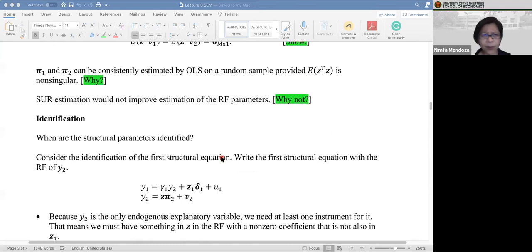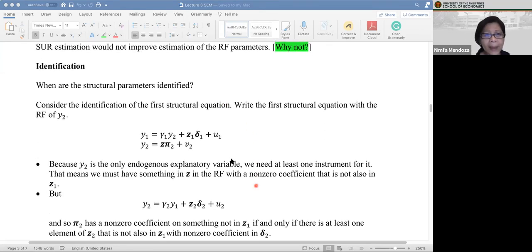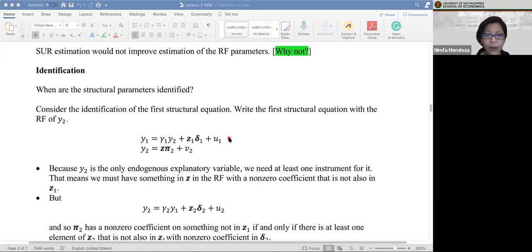Okay, so going back to the identification problem, let's consider the identification of the first structural equation. So write the first structural equation with the reduced form for the second endogenous variable, okay? So this is the structural equation for the first endogenous variable, y sub 1.